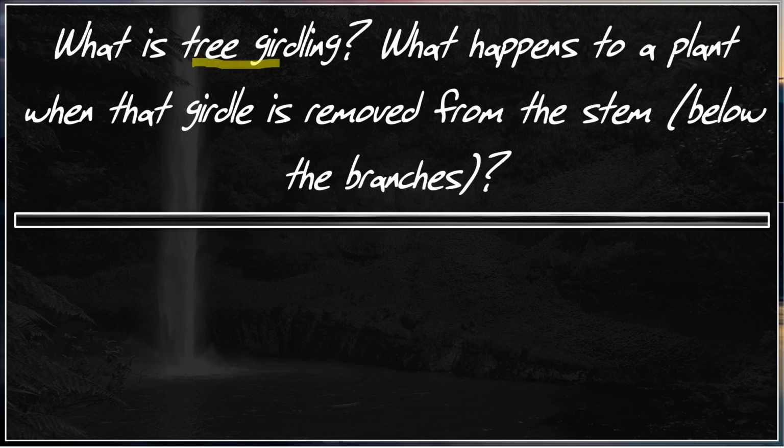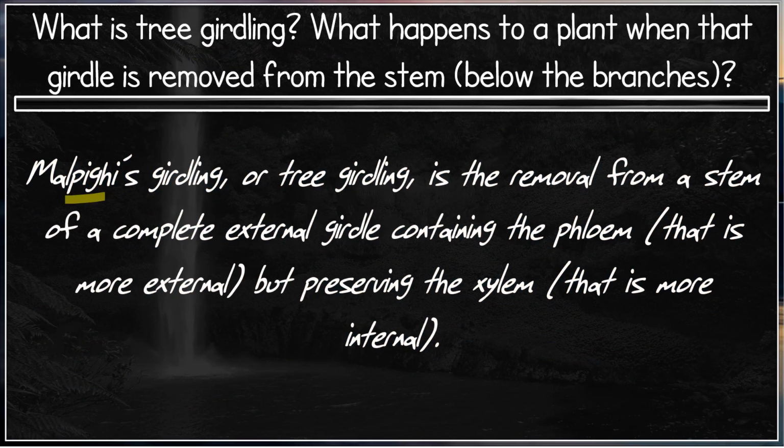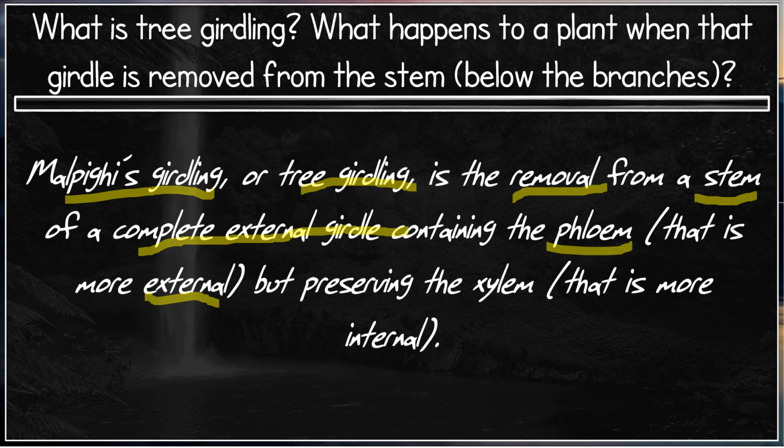What is tree girdling? What happens when the girdle is removed from the stem below the branch? Malpighi's girdling, or tree girdling, is the removal from the stem of a complete external girdle containing the phloem, that is more external, but preserving the xylem, that is more internal.